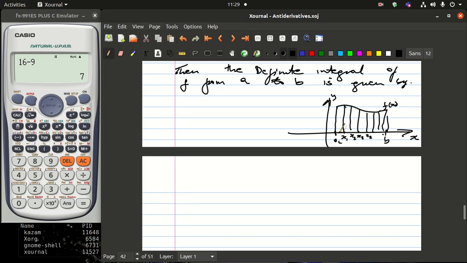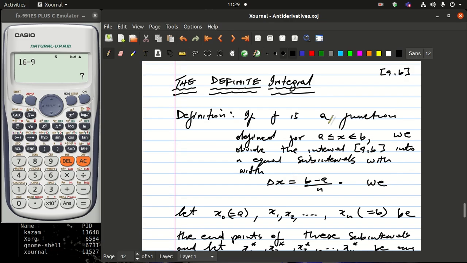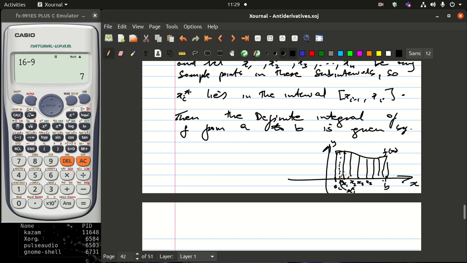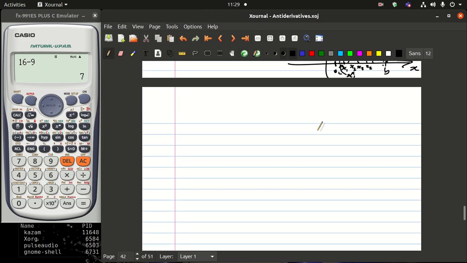You project it to the function, and that creates the height of each rectangle. You call it x star 1, and then x star 2, up until you arrive at the end. That's what this whole thing is saying, and it's also telling you that these intervals are equal, which is what we did before.